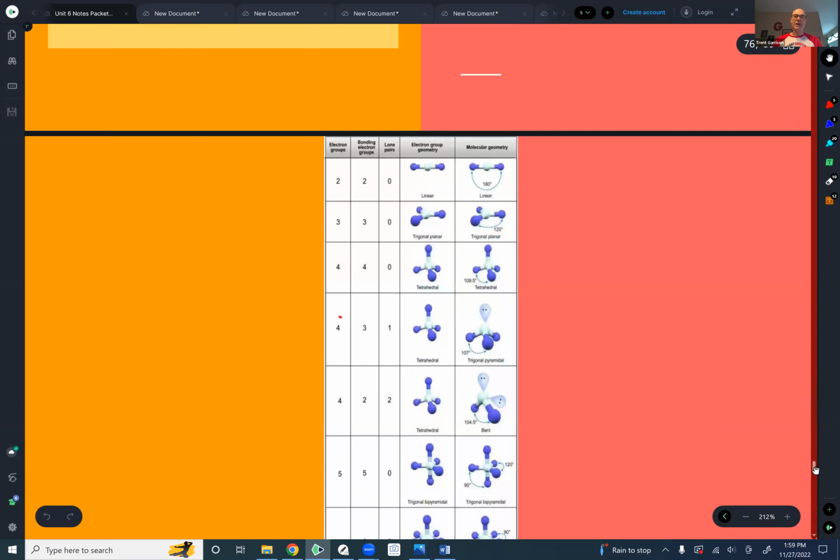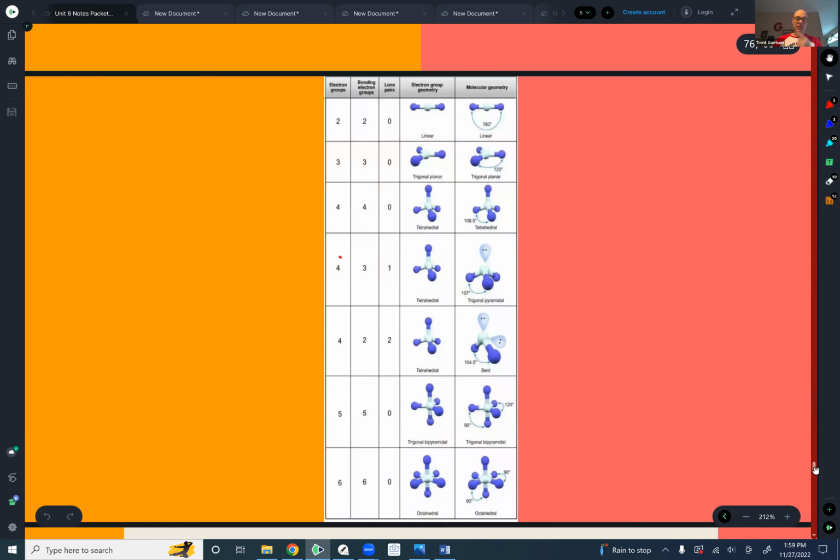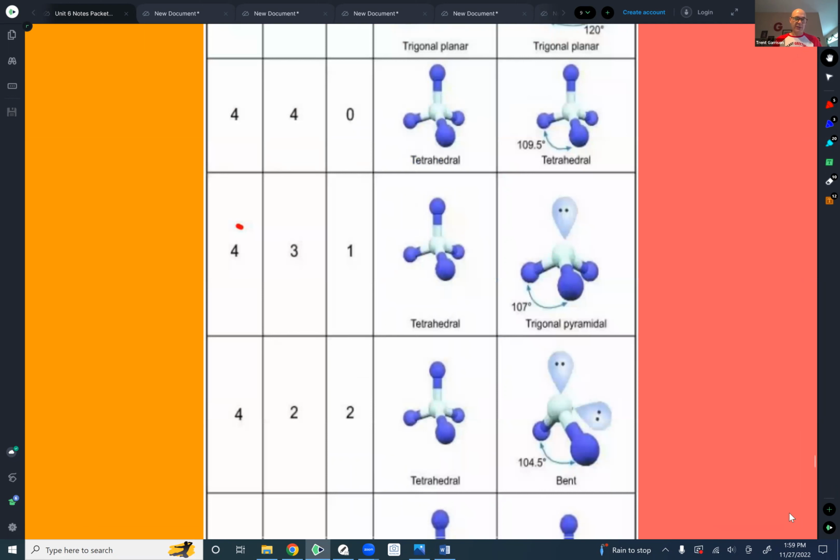So we have in this very small image here, which let me see if I can zoom in just a little bit here. There we go. What we see here is now the opportunity for some increased numbers of atoms around the central atom.